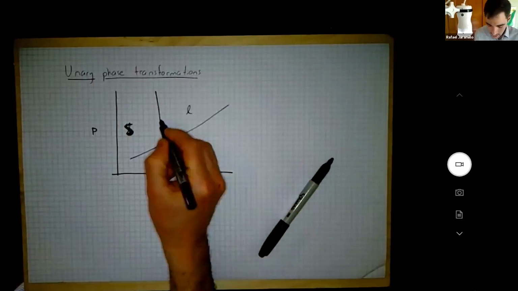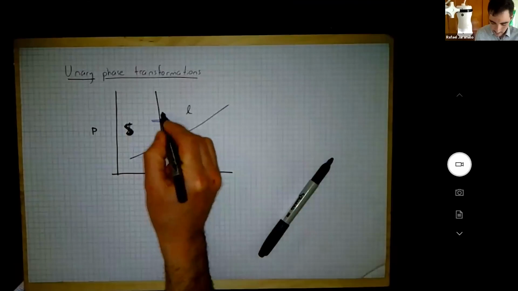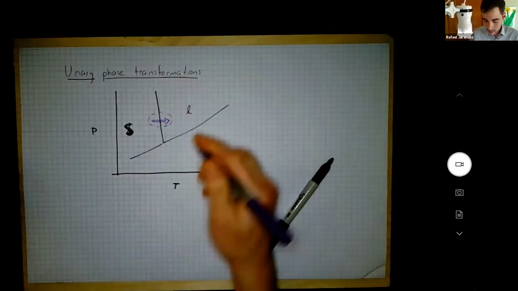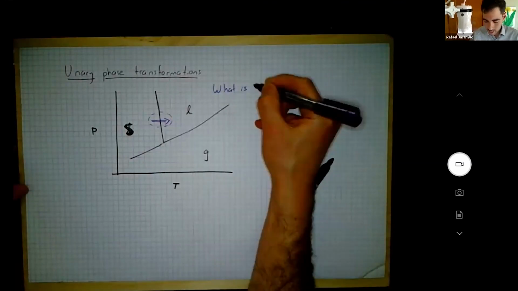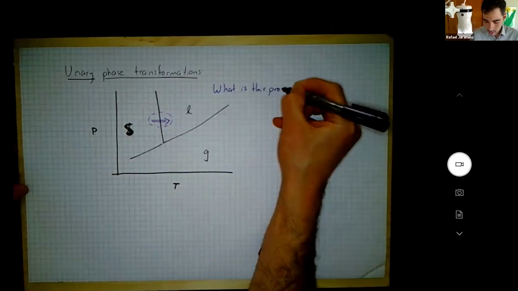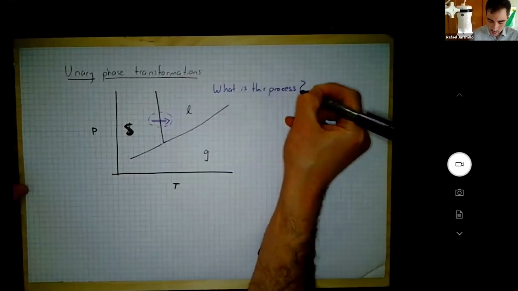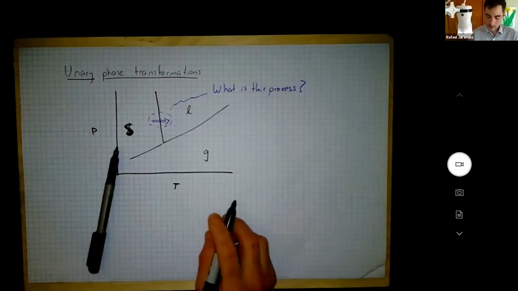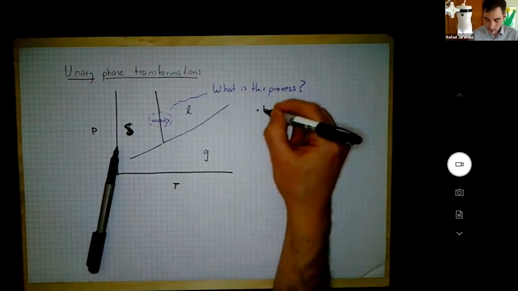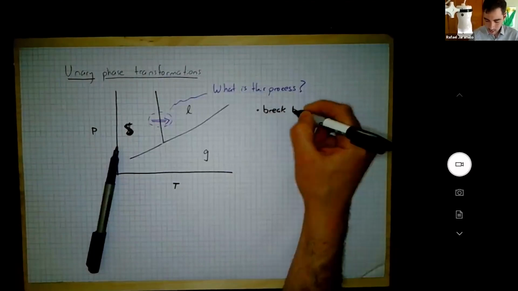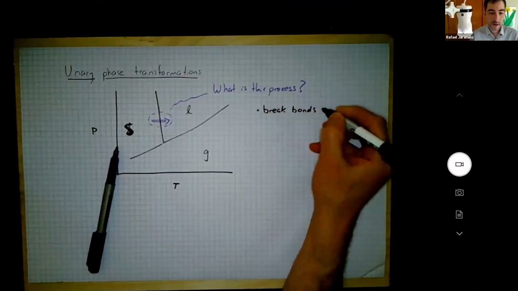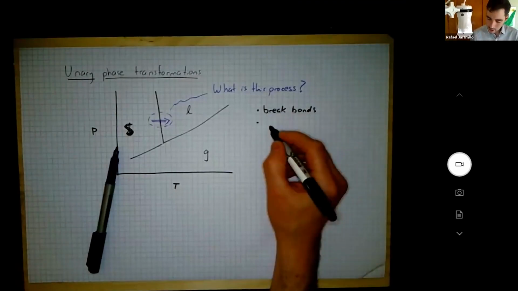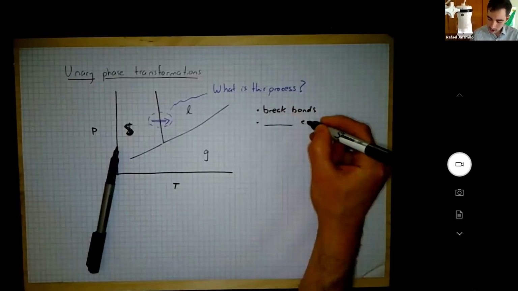And imagine heating up, right, from across the solid to liquid boundary. And we'll ask, what is this process? Right? What actually happens? So what happens? We break bonds. We do something to the enthalpy. Do we increase it or decrease it?